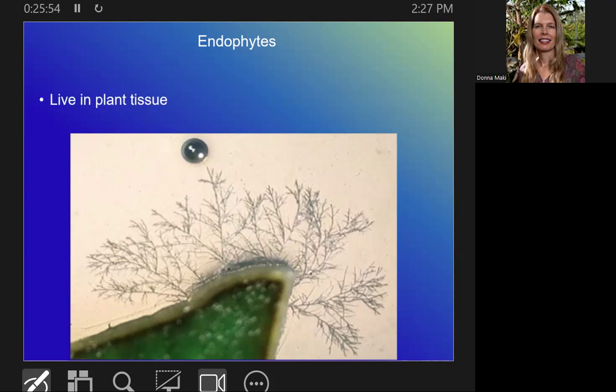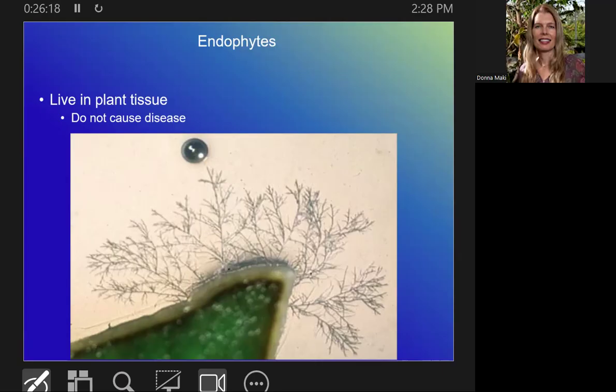Plants also have endophytes. We talked a little bit about this already last week. Basically, we're talking about those microbes that hang out in the plant tissue and they're not the ones that are causing disease. Okay, they're not the plant pathogens. Now, I consider endophytes the ones that stay in the plant tissue for their whole life. So some people say, well, mycorrhizal fungi, they're endophytes.